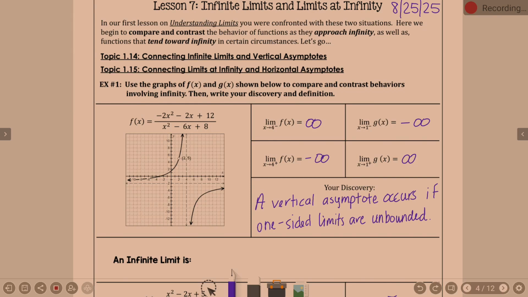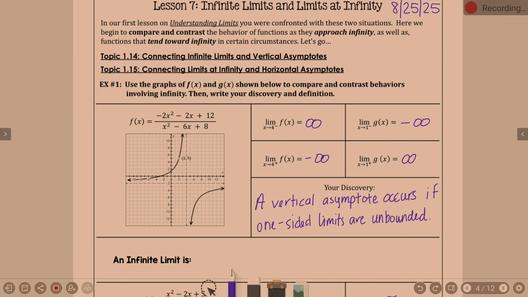So officially, you'll notice right here, the definition we're putting is for an infinite limit. Down below, we're going to talk about a limit at infinity. So an infinite limit is what we are just looking at, and that was as x approaches c, as x approaches some number, the limit will either approach positive infinity or negative infinity, and thus a vertical asymptote.